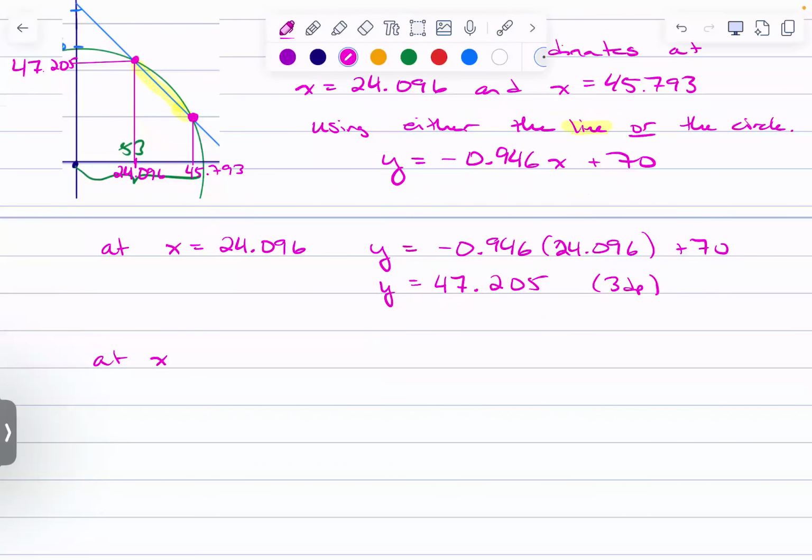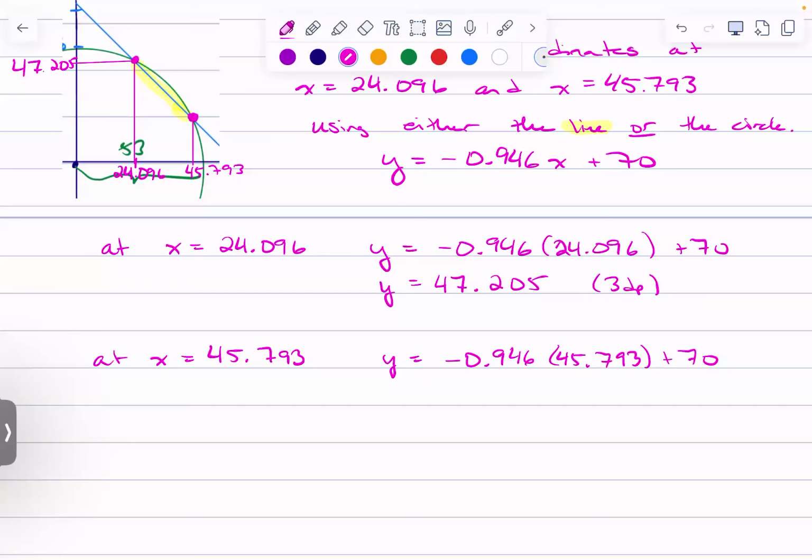Now, at x equals 45.793, y is negative 0.946 times 45.793 plus 70. Here we go.